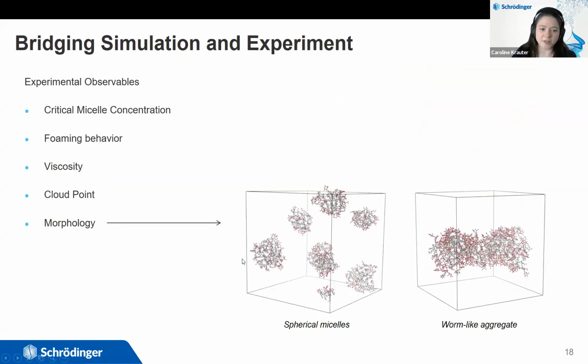And then the morphology, that's of course also important. Is it more spherical micelles, or more worm-like aggregates? So here we look at the eccentricity, so how different it is from a spherical shape, or also the ratio of the longest versus the shortest axis. So here we have, for example, a very long axis in one direction and in the other direction a short one. So that would give us a big ratio here.